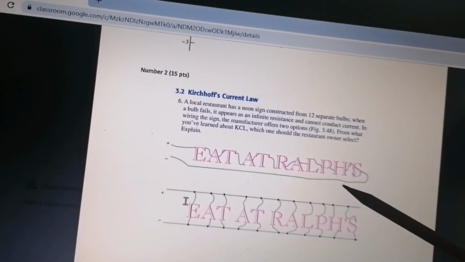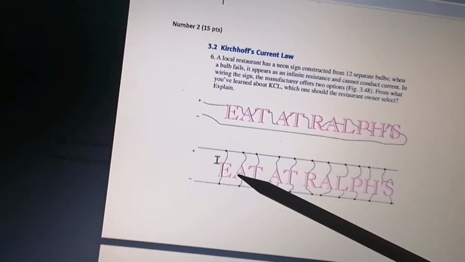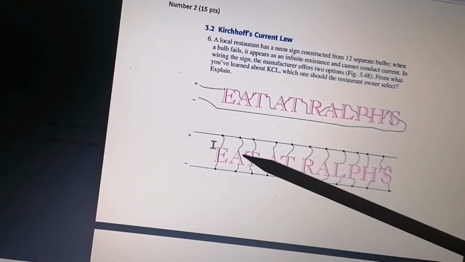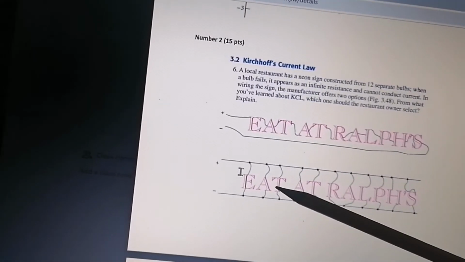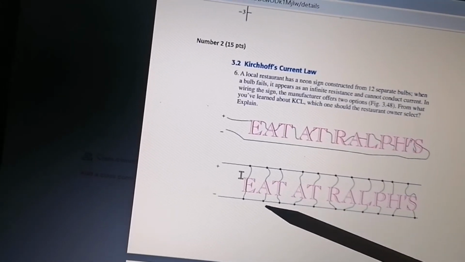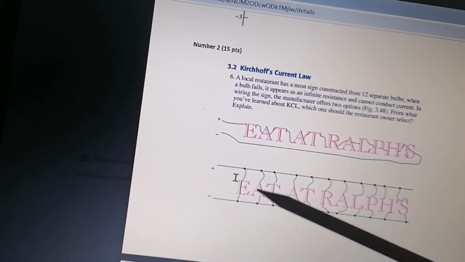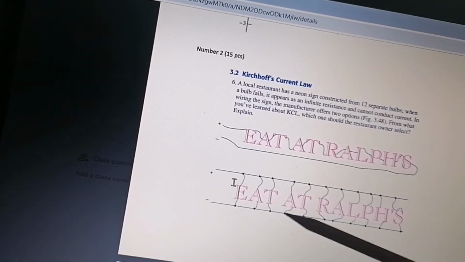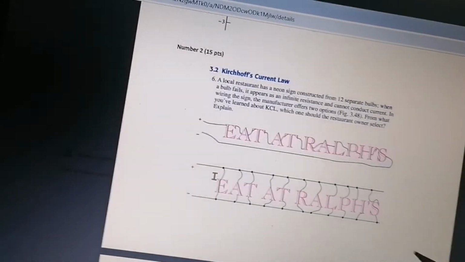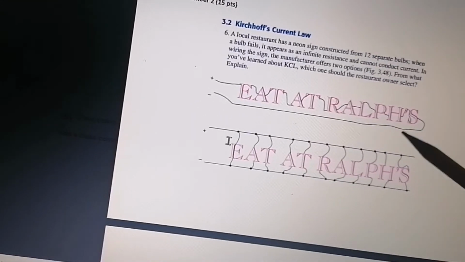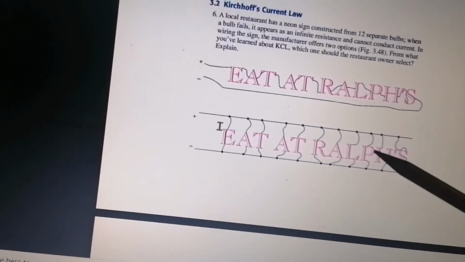So basically the circuit would be terminated. Unlike here, if any of the bulbs, for example the bulb here in T, fails, current could still flow right here, here, here. So if I were the restaurant owner, I would select this one.